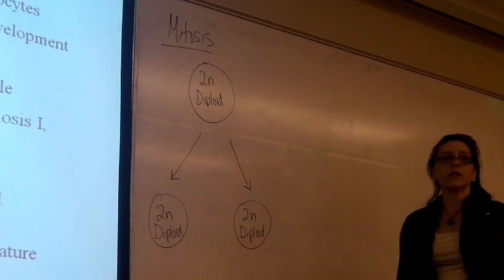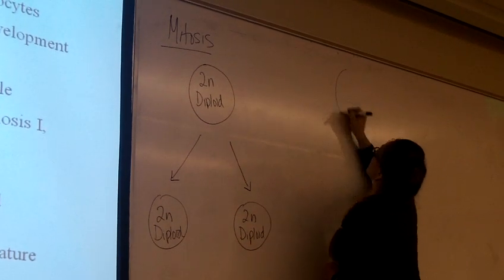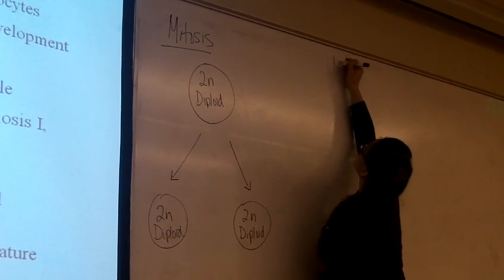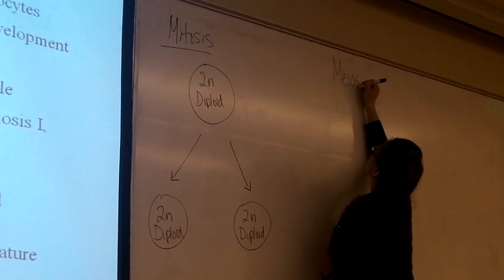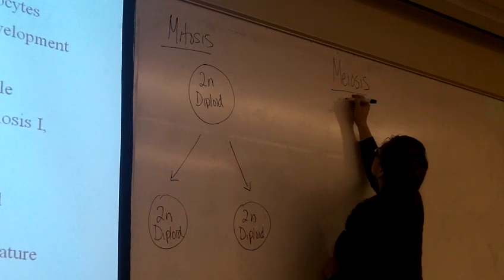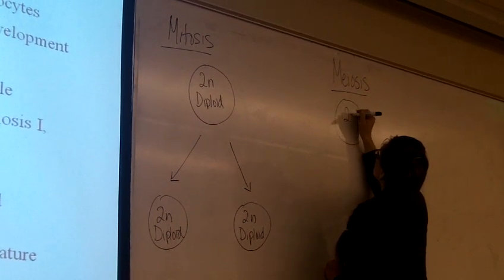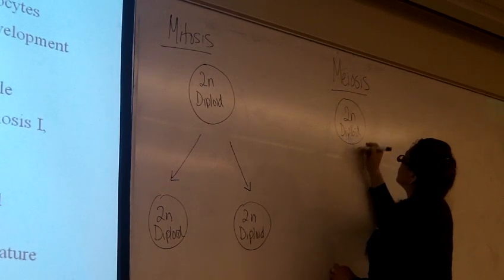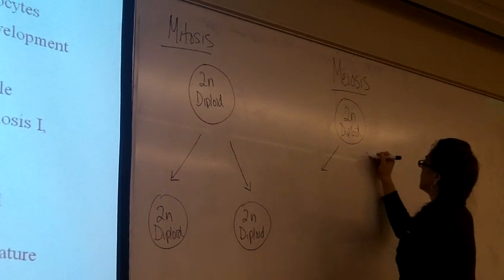And then for meiosis, we're going to take a diploid cell, and we're going to go through 2 rounds of division.